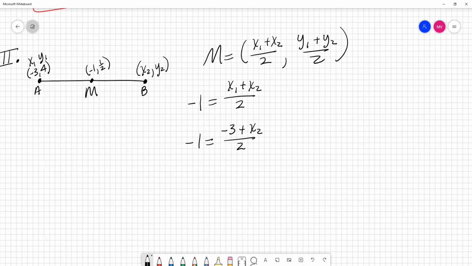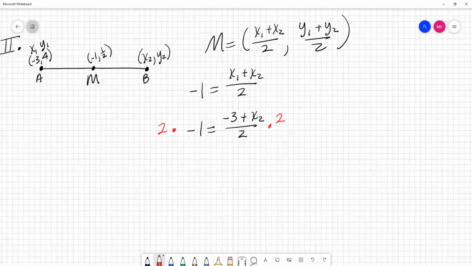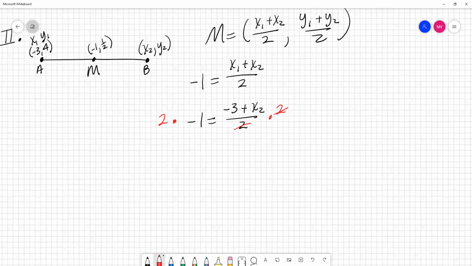We multiply what by 2? Everything, both sides. Pay attention. So these cancel each other out. You're left with 2 times -1, which is -2, equals -3 plus x2.